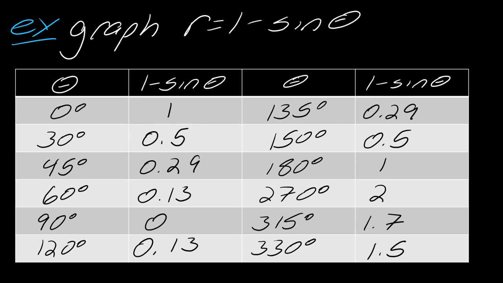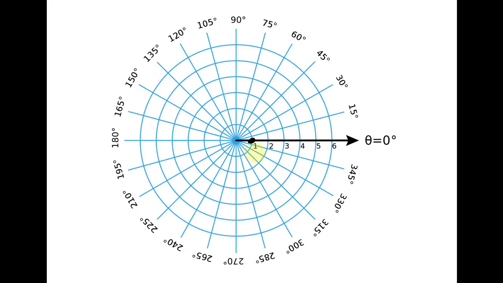So how would I actually graph this then? These points here are now my r's. I've got my theta, and now I've got the value of my r. If I wanted to graph 0, 1, here's 0 degrees, and then here's 1.